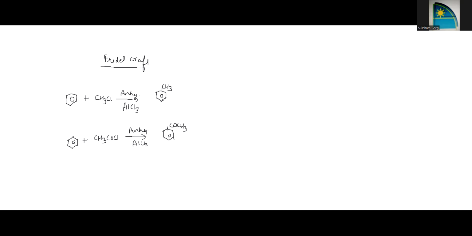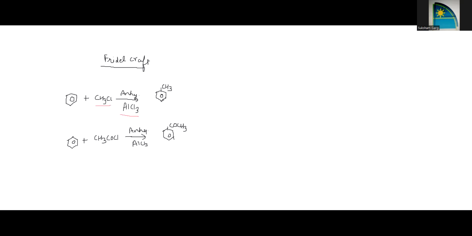Apart from the classic methods we learned about increasing carbon chain length, we have two beautiful methods of increasing the carbon chain length on benzene. So one such method is called Friedel-Crafts alkylation reaction. In Friedel-Crafts alkylation reaction, we take benzene, we take CH3Cl in the presence of anhydrous AlCl3.